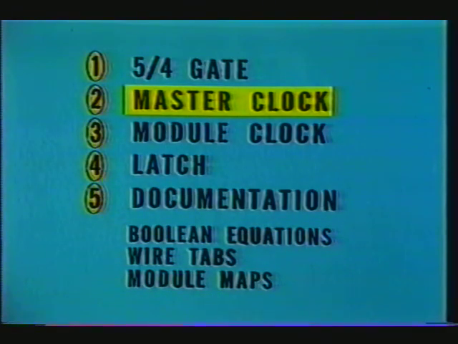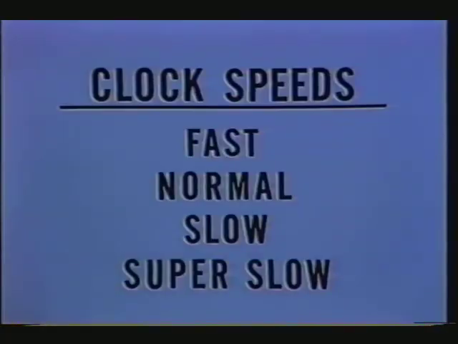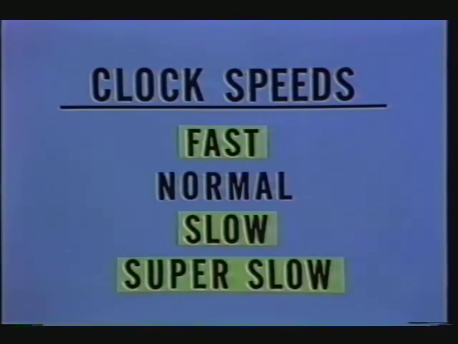In Unit 2, we're going to describe the generation of the master clock and its fan out to each Cray 1 module. The master clock ensures total system synchronization. There are 4 selectable clock speeds controlled by a switch on the power distribution unit. 3 speeds, fast, slow, and super slow, are used for margin checking.